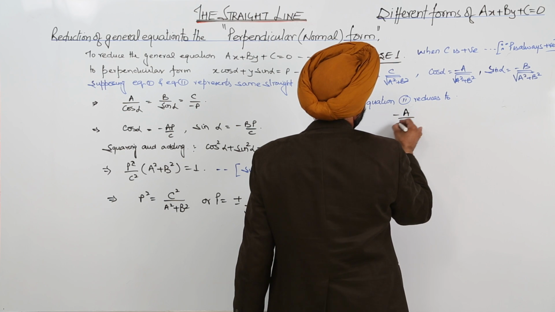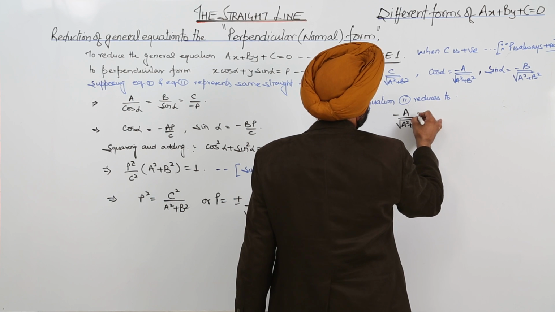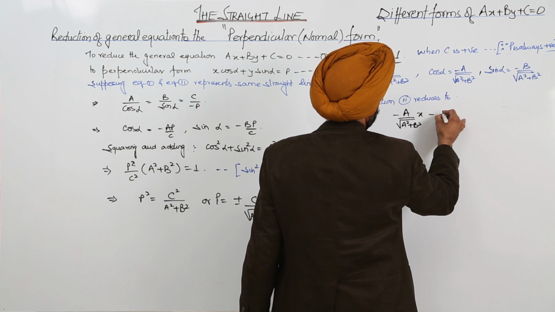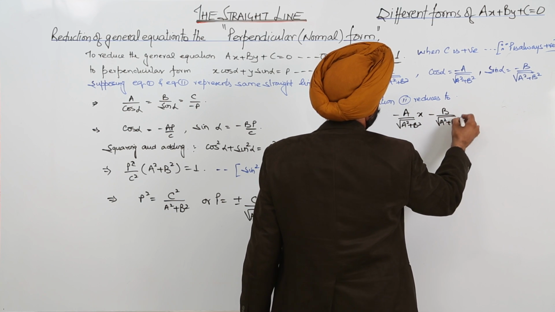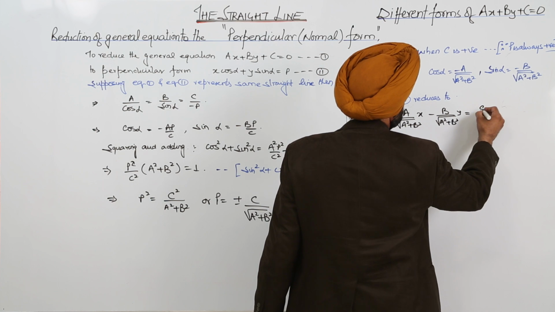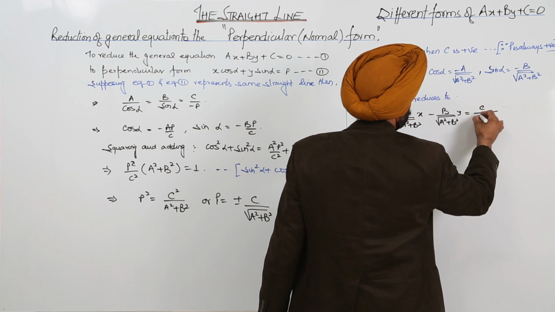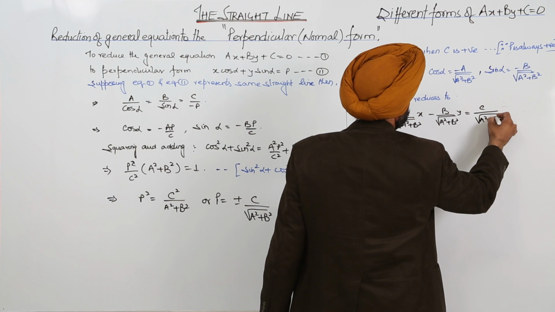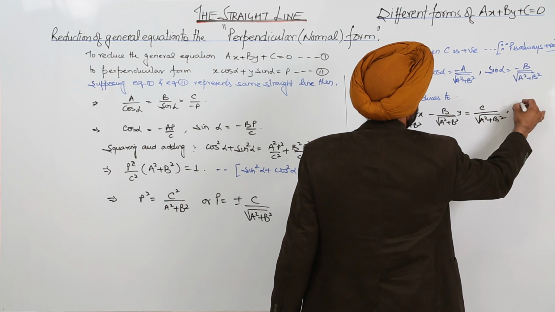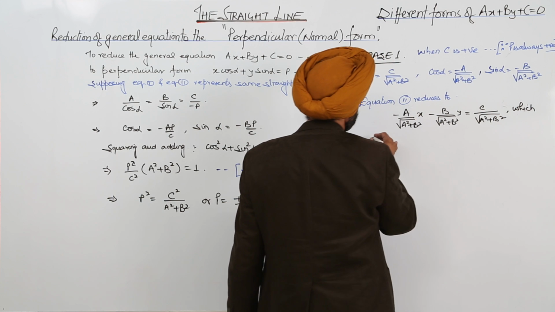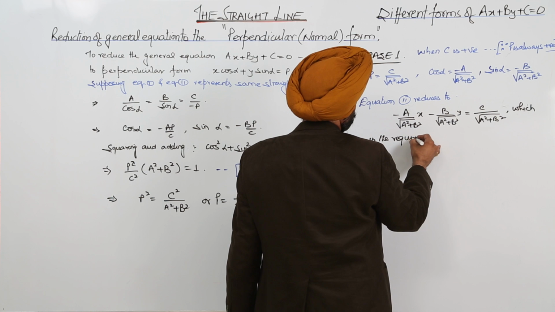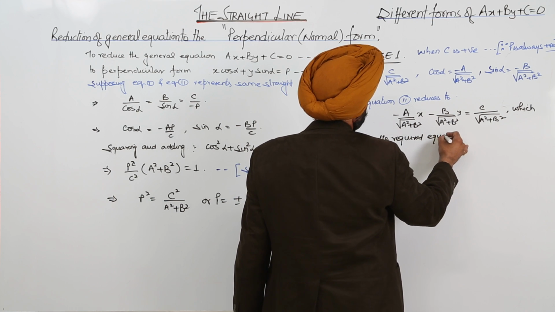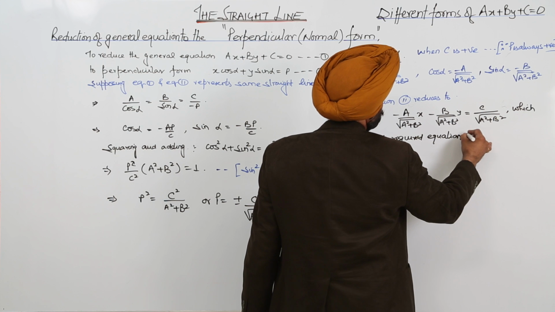So equation 2 reduces to negative of a upon square root of a square plus b square with x, negative of b upon square root of a square plus b square with y is equal to c upon square root of a square plus b square, which is the required equation in general form.